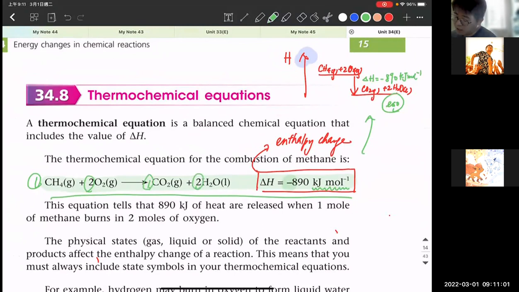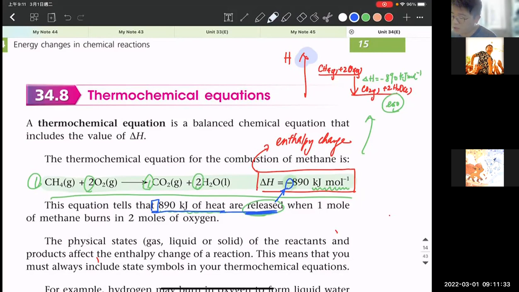Now it released 890 kilojoule of heat. When I say the word released, you will directly denote it with the sign minus. While for this, we don't have any sign. We use that to denote that heat is released.